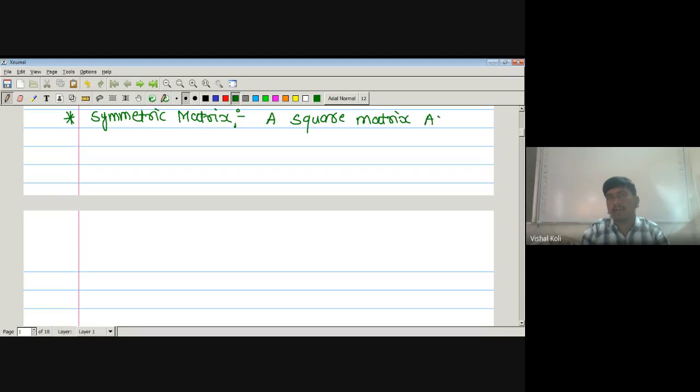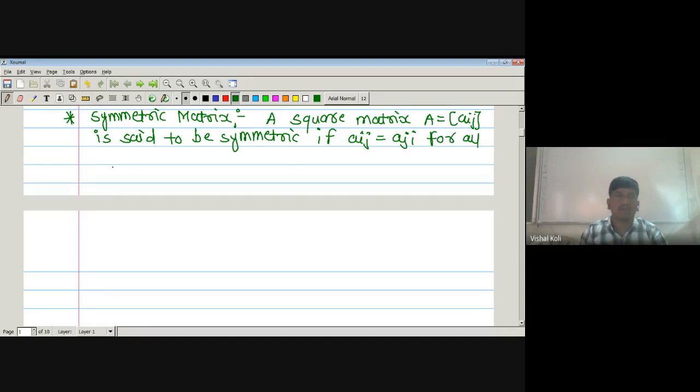So, its definition will be: a square matrix A = [Aij] of order n cross n, that is it will be a square matrix of order n, is said to be symmetric if Aij is equal to Aji for all integral values of i and j.